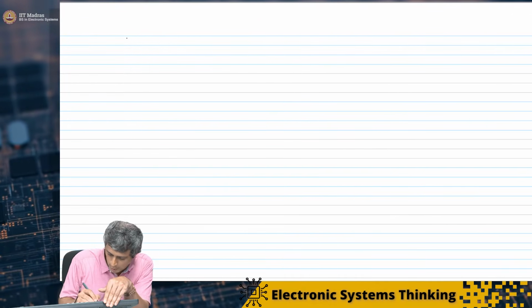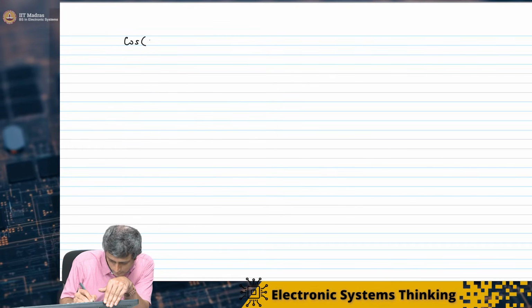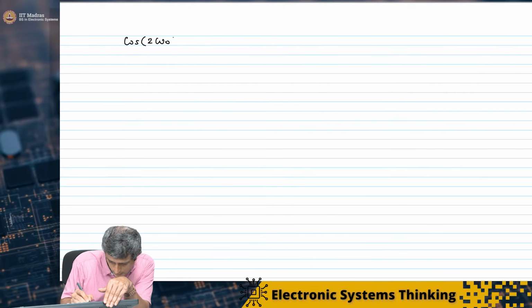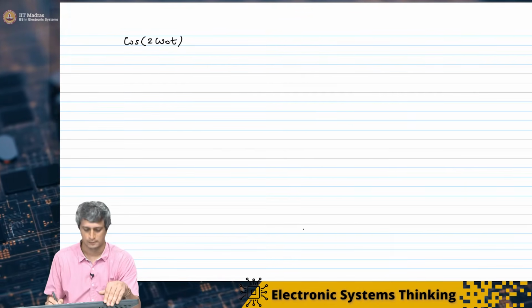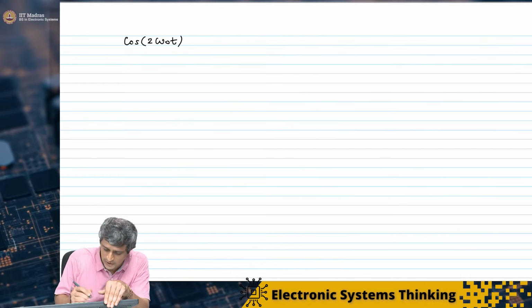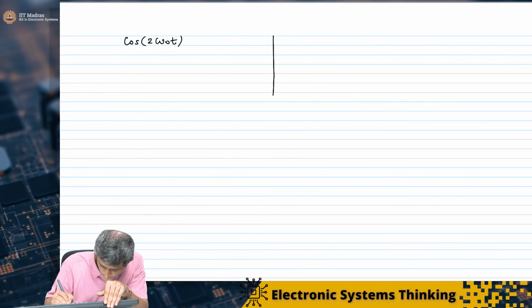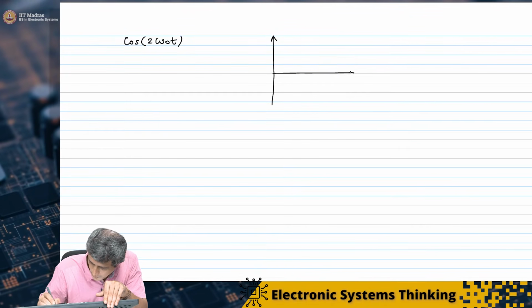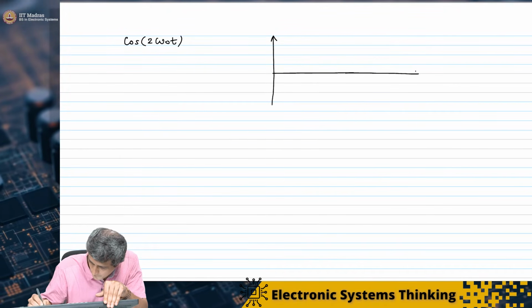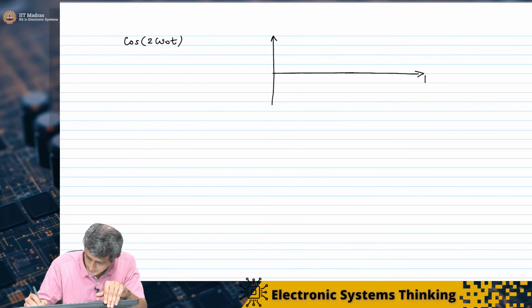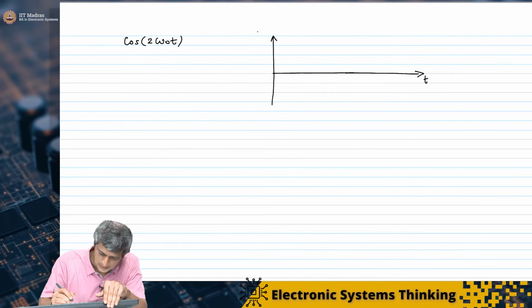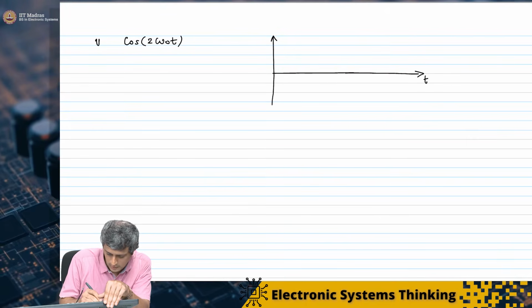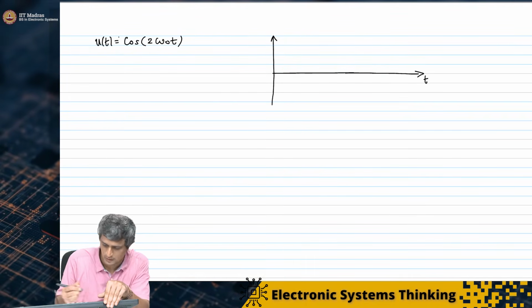So we have now come across a new term, cos 2 omega naught t. How is this function going to look as a function of time? This is time t, and let me call this some u of t.